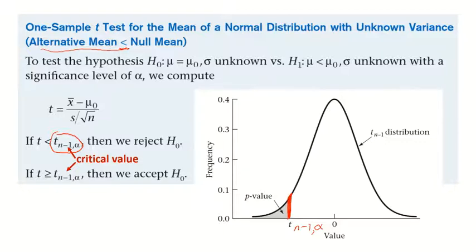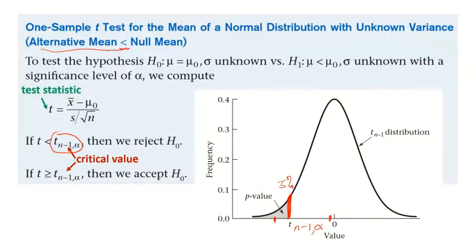In our example a while ago, this alpha percentile was the 5th percentile. So this is our critical value. If our sample mean is beyond this critical value, then we will reject our null hypothesis. But if the sample mean is within this critical value, then we will accept our null hypothesis.